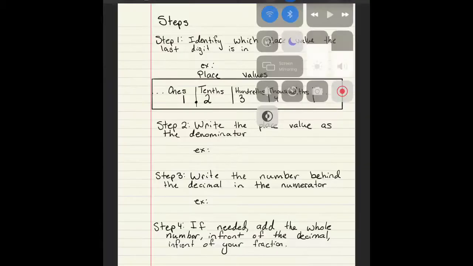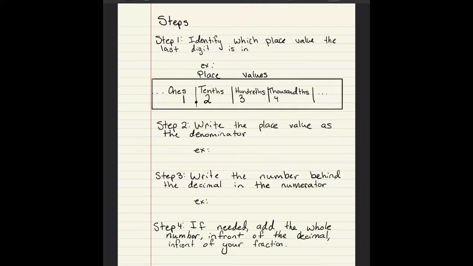Okay, let's get some steps. All right, here are our steps. So step 1 is to identify which place value the last digit is in. If we're working with 1.25, our last digit is 5.